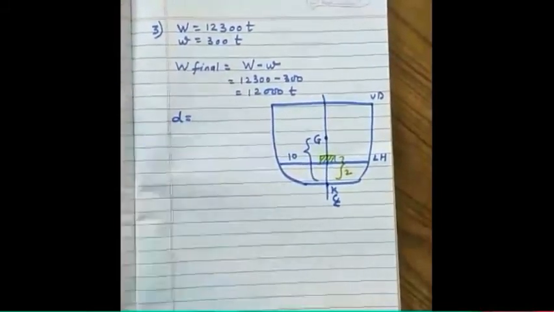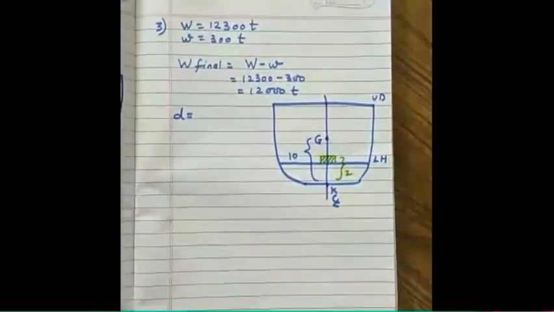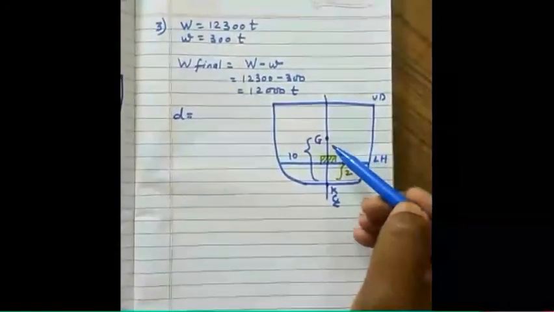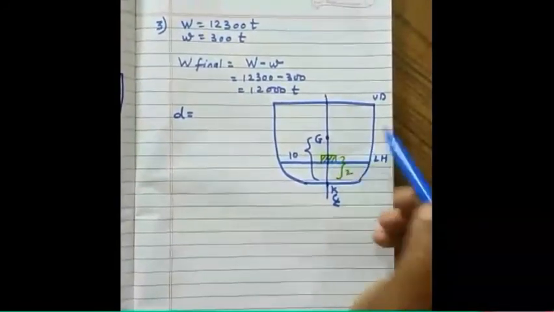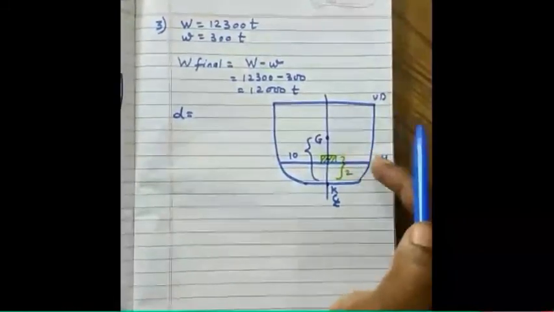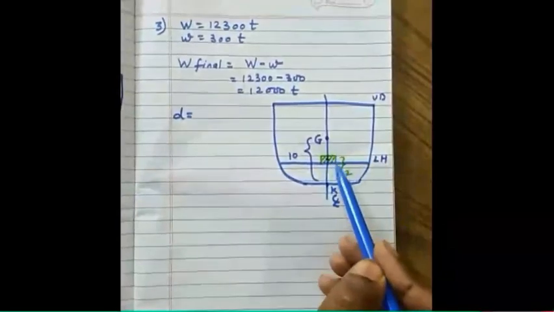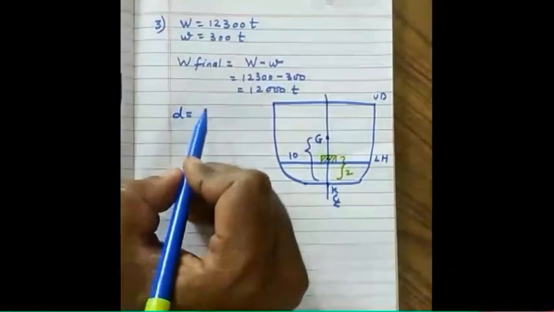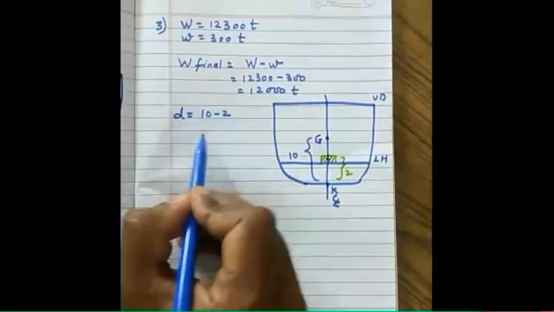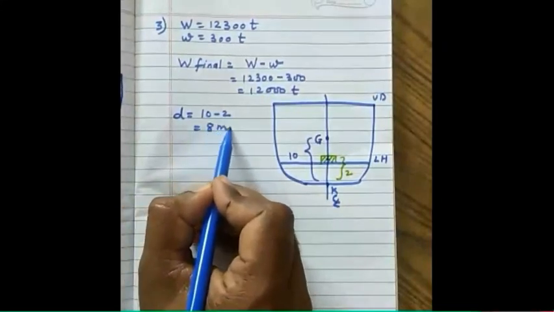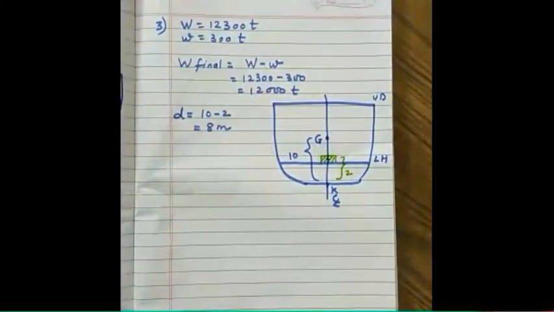Whenever there is adding or discharging weight, the distance is the distance between the center of gravity of the ship to the center of gravity of the object. If you see from the diagram, what is the distance between these two? 8 meters. 10 minus 2, which is 8 meters. This is the first thing I have found.